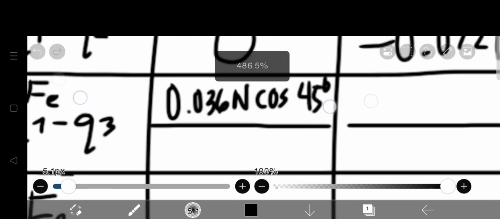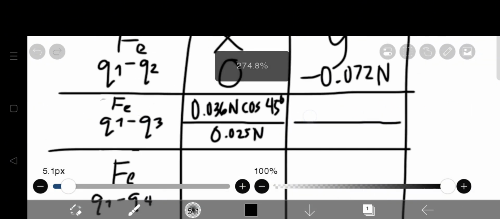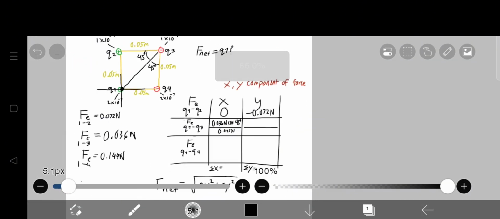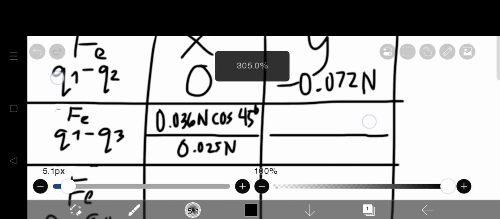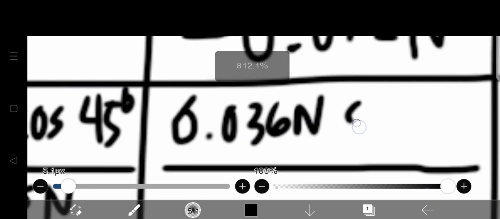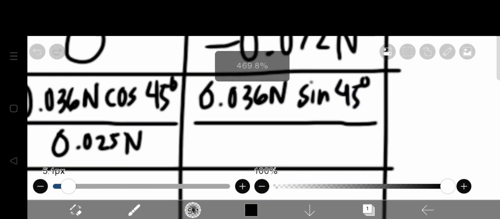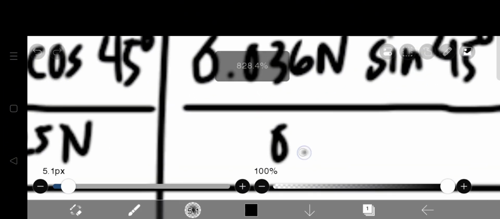Now, that would be 0.025 newtons. Now, let's move on with the y component. Again, we just take the 0.036 newtons, and this time, we will multiply it by the sine of 45 degrees. And again, parehas lang sila ng value, so that would be 0.025 newtons pa rin.